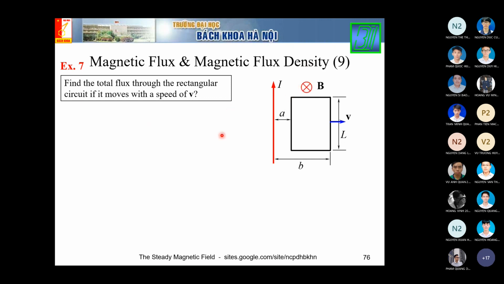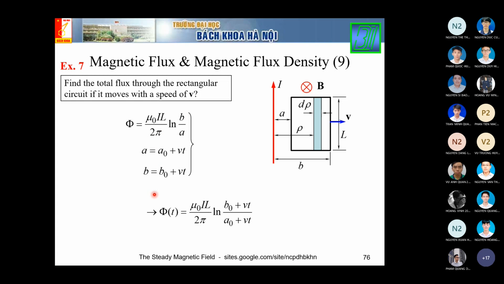This is the direction of the field, and we found this result 30 minutes ago. Now, unlike exercise number 3, in this example B and A are no longer constant. They depend on time. To be more specific, this one is A and this one is B. So the remaining work is very simple. We change B into this and A into this to have a final result.